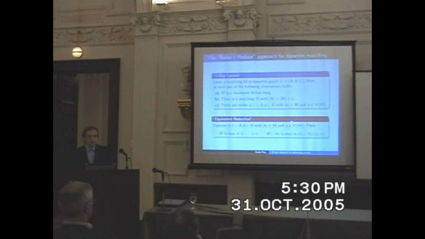Now, the two previous slides can be summarized by the three-way lemma and the reduction lemma. The three-way lemma says that either our current solution is optimum in the relaxation, or we can augment, or we find some kind of a constellation. The reduction lemma constructs a reduction for this constellation.